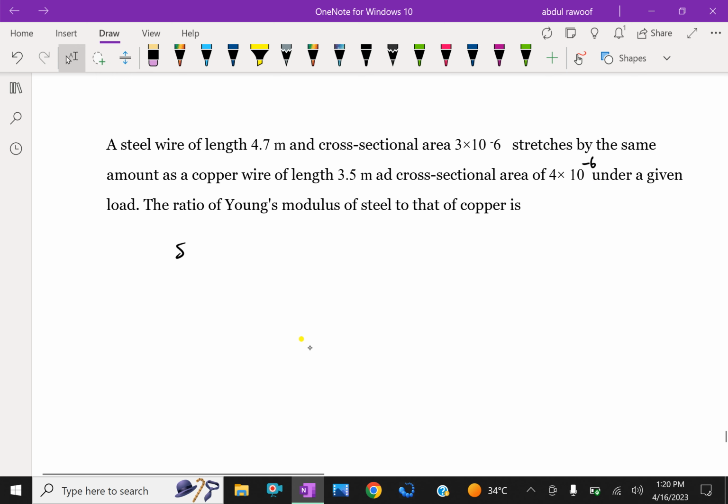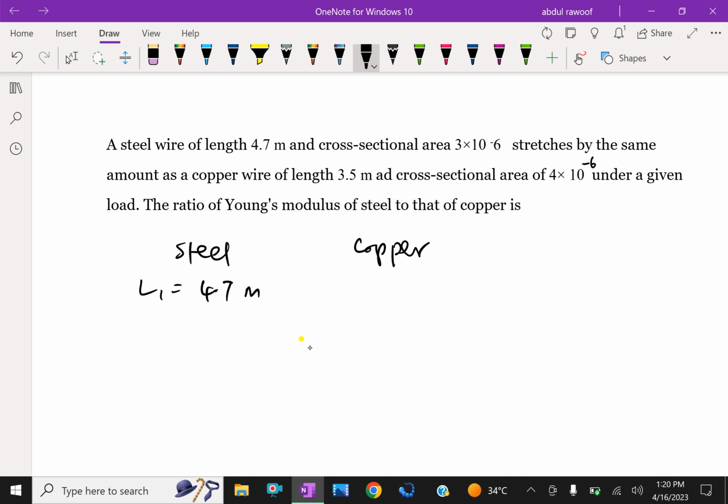Here we will write steel, copper. Steel length L1 is 4.7 meter. Copper length is 3.5 meter, that is L2.